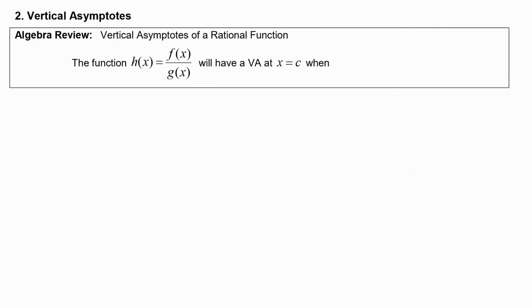In this section, you will learn about vertical asymptotes. First up, a quick algebra review for vertical asymptotes of a rational function. The function h of x equals f of x over g of x will have a vertical asymptote at x equals c whenever the following conditions exist.